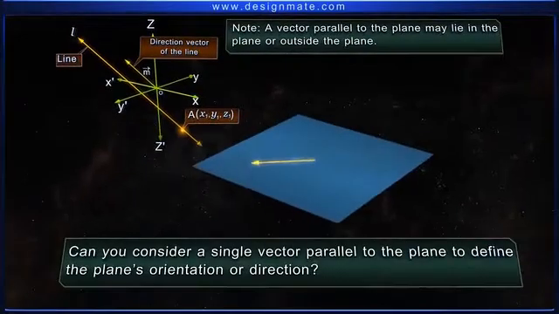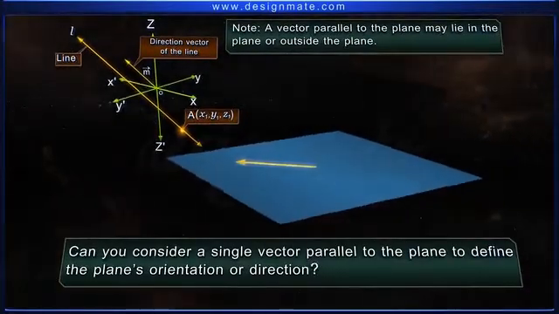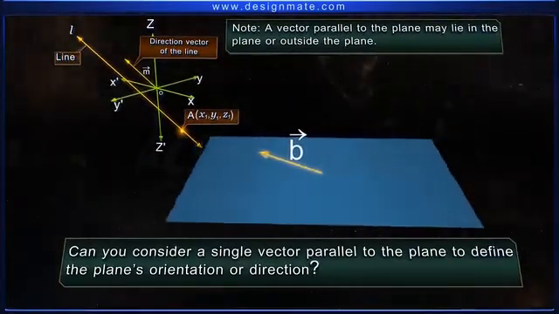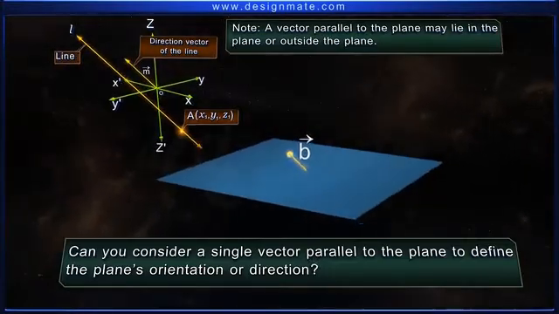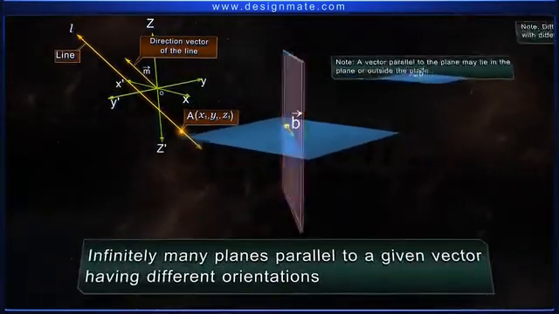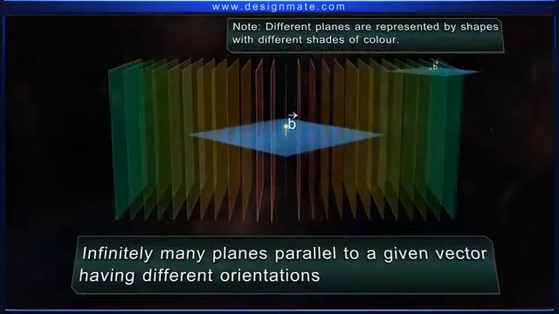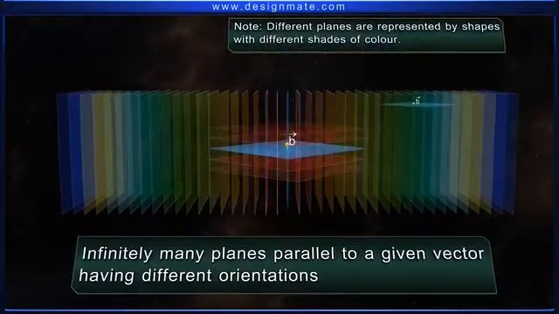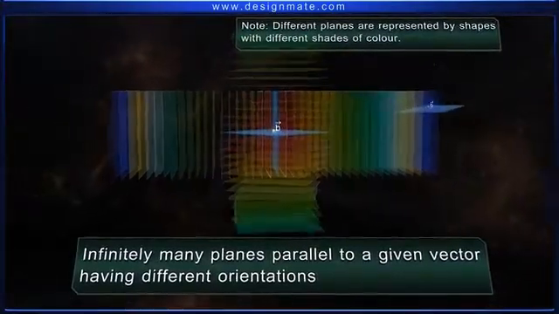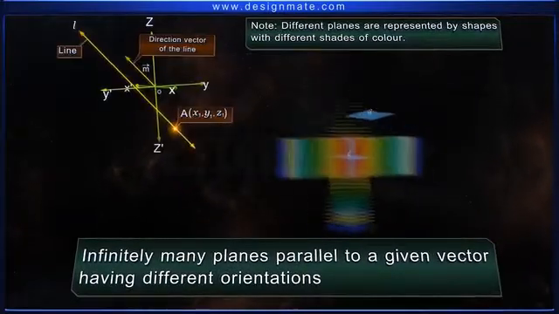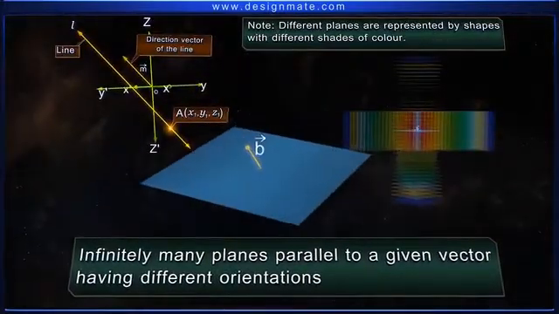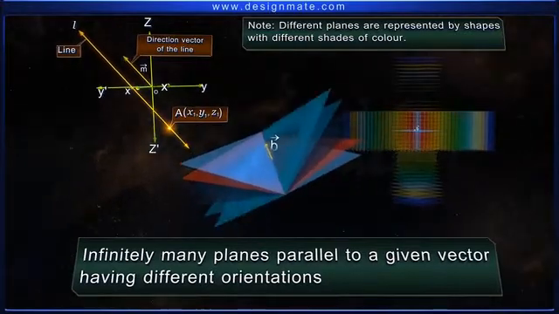Can you consider a single vector parallel to the plane to define the plane's orientation or direction in space? There are infinitely many planes parallel to a given vector, but they have different orientations.